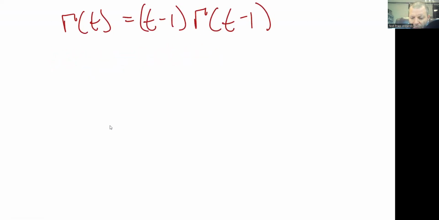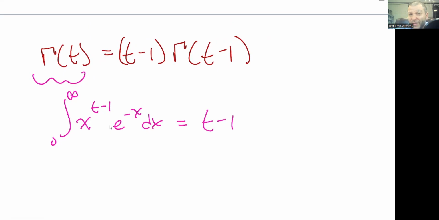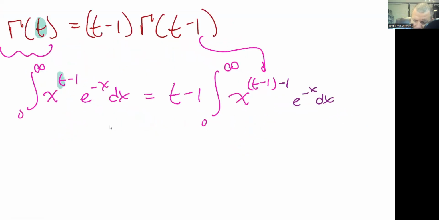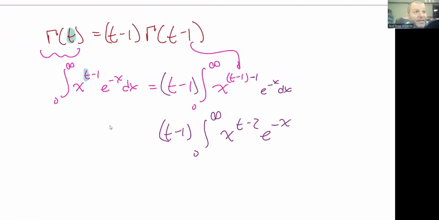First off, what I'm showing is that the integral from 0 to infinity of x to the t minus 1, e to the negative x dx, is equal to t minus 1 times the integral from 0 to infinity of x to the t minus 2, e to the negative x dx. And remember, t is a constant, so this thing is just a number. All right, that's what we're trying to show.